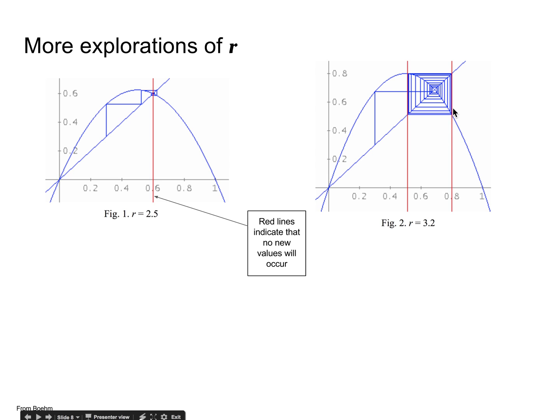Now, if we go to R equals 3.2, we see something very interesting. No matter where we start, we end up with two values. That is, once you get into orbit here around the intersection point, the lowest value you'll ever see is here, and the highest value is here. And no matter how many times you run it, you'll just bounce back and forth.